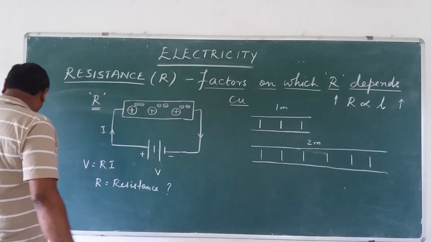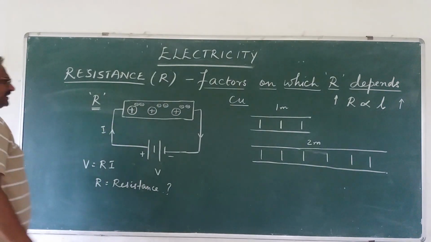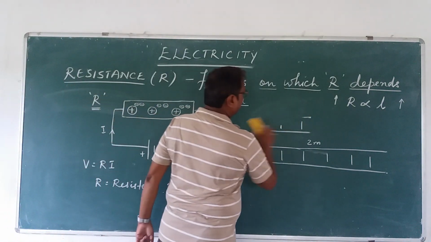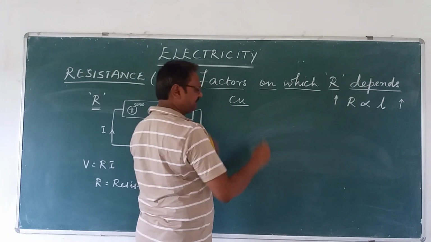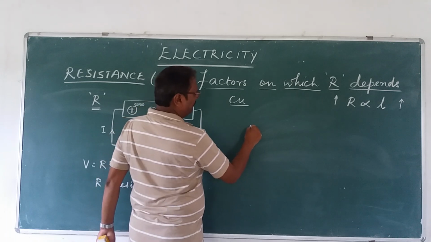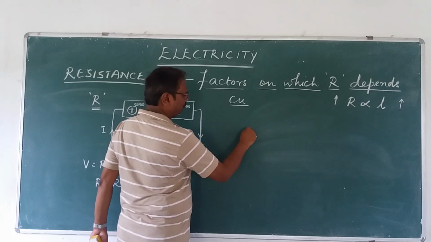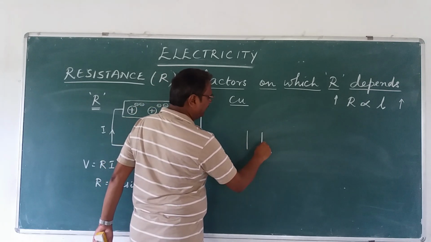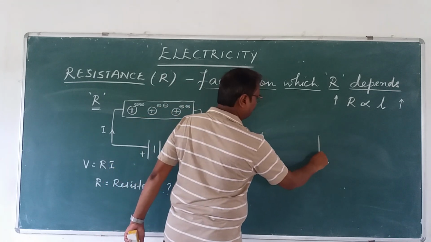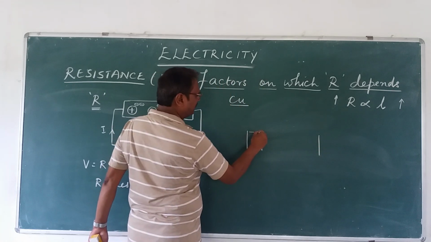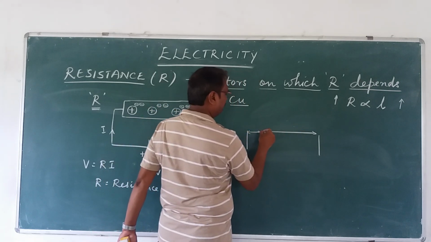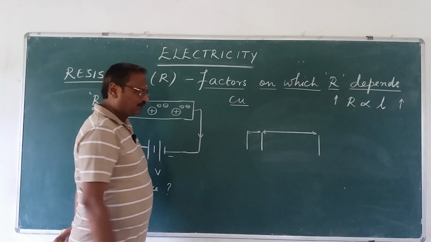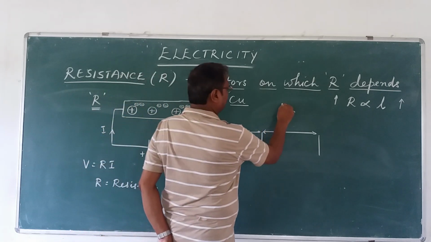That's the first factor. Let me move on to the second factor. Let us say I take a 1 meter wire. Let us take a simple example. In your school, you have 2 gates, let us suppose. This is the school gate. One is a small gate and another is a large gate. Now, students have to come into the school.